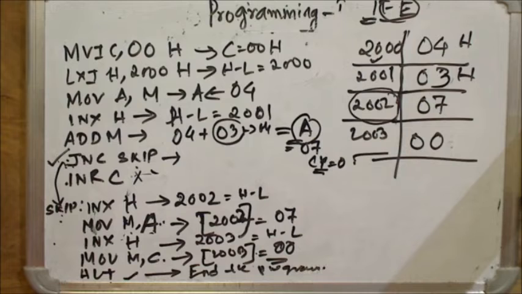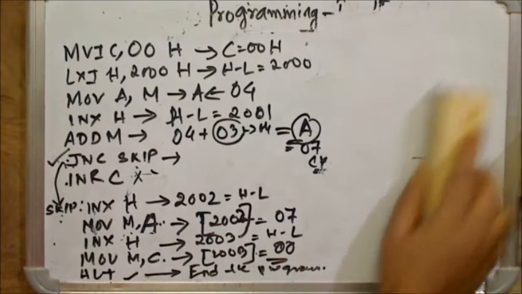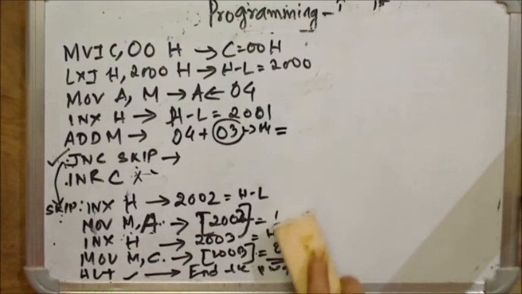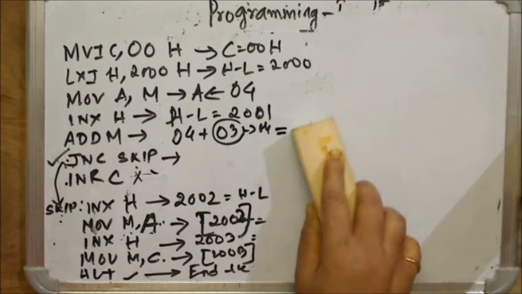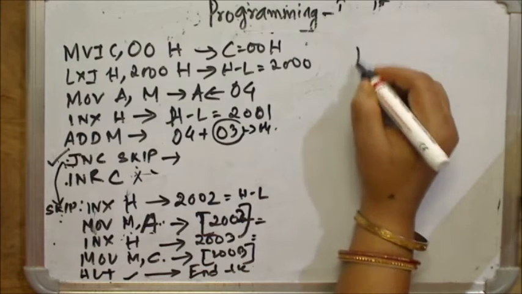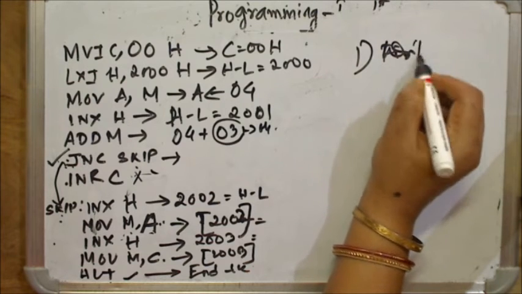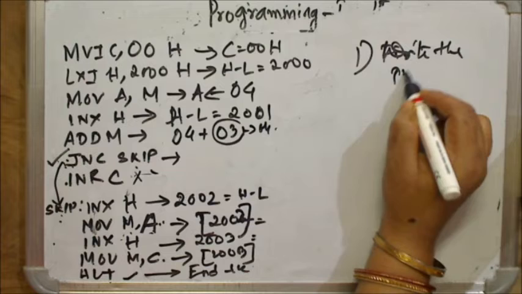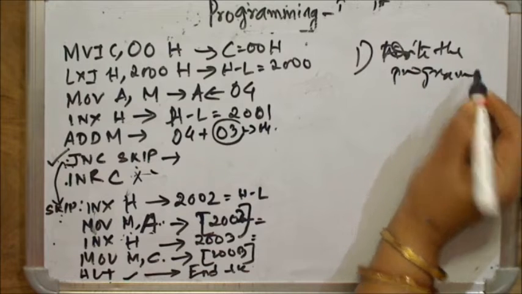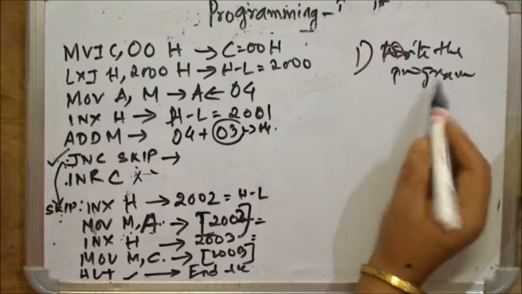Understood? I have shown you two examples, one with carry and another without carry. Before you execute the programs, you have to load the data into the memory location. First of all, you write the program. When you are executing the programs in the simulator, for the first step write the program.